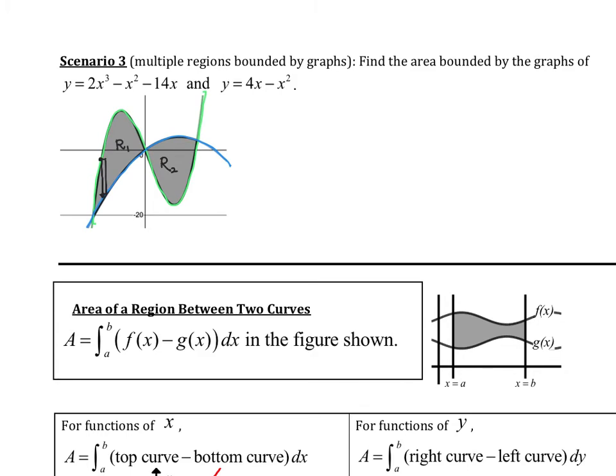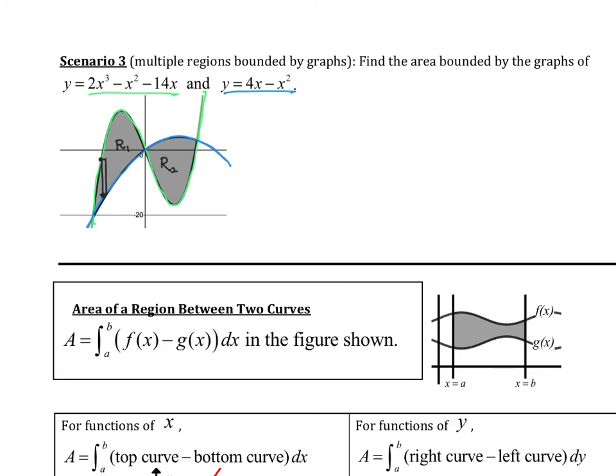We'll pretend that touches, go with it. So that's the height. Now, how would I find that? Well, I would take this green equation, 2x cubed minus x squared minus 14x, and I would subtract from it the blue equation of 4x minus x squared.